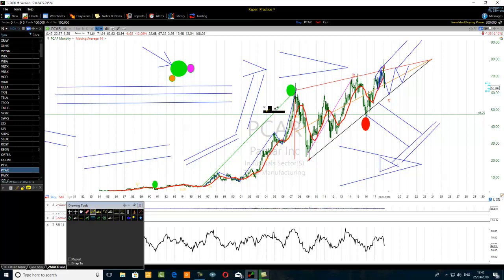The only motive wave that can be confined in a triangle is what? The fifth wave. The fifth wave can adopt the structure of a corrective wave, meaning that the fifth wave can be confined in a triangle, in a tiny squeezed rising channel, or a tiny squeezed declining channel.